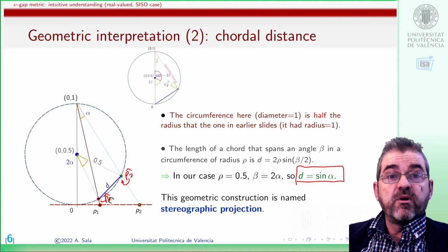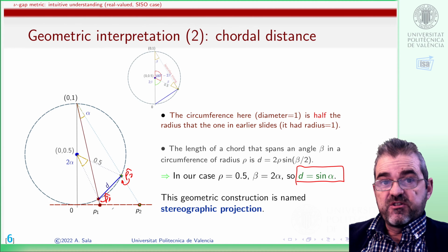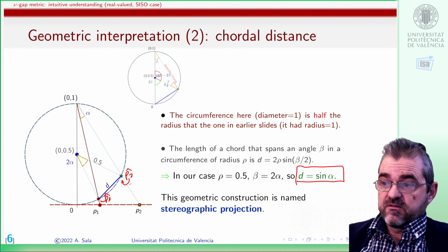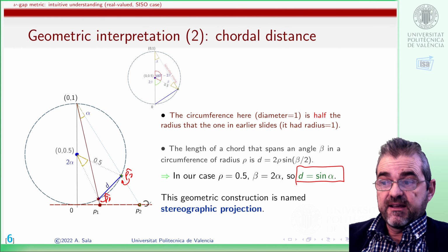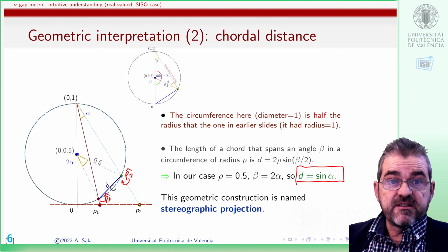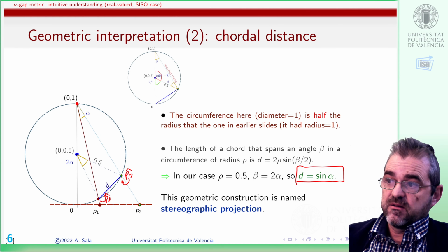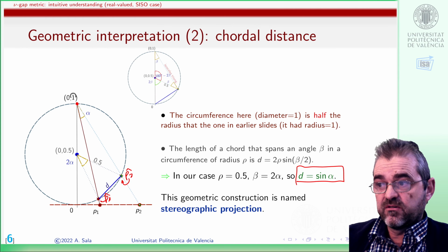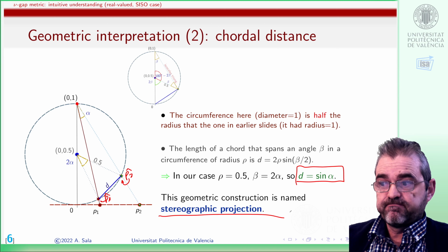And these 2 points, in fact, are old friends in geometry, because this construction in which points in a line and in a circle or a sphere are related by a line that goes out from the north pole of a sphere is called stereographic projection.